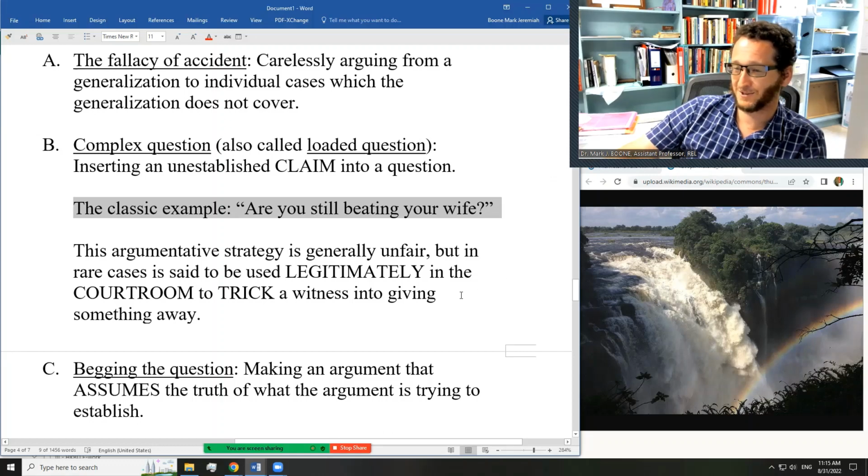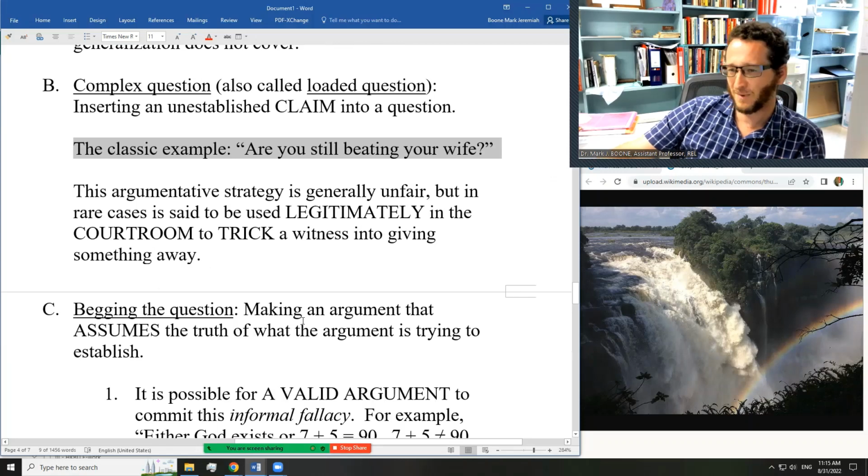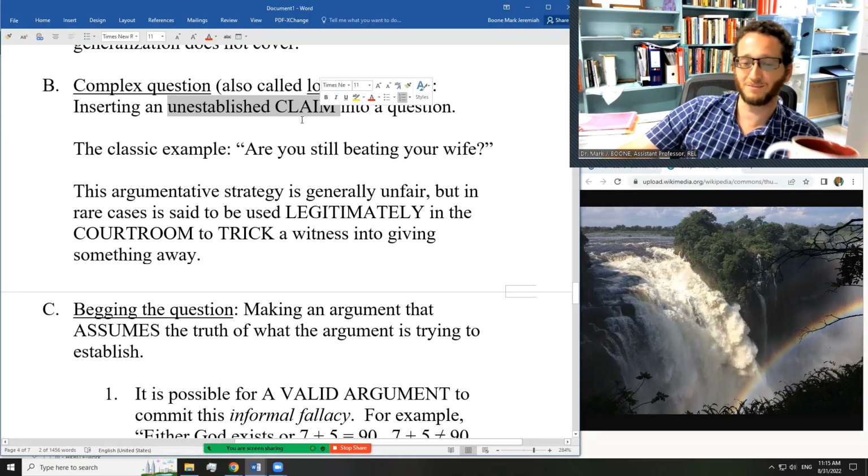And see if he carelessly denies that he's still doing it, but thereby confesses that he's been doing it. Even this classic example might be an appropriate situation, an appropriate question, including an unestablished claim in some circumstances.